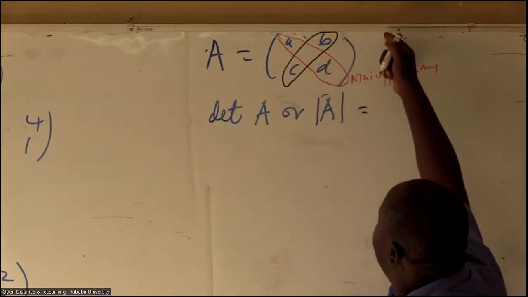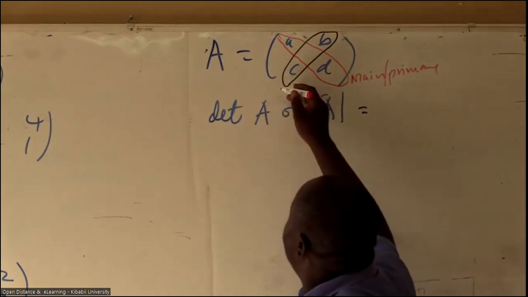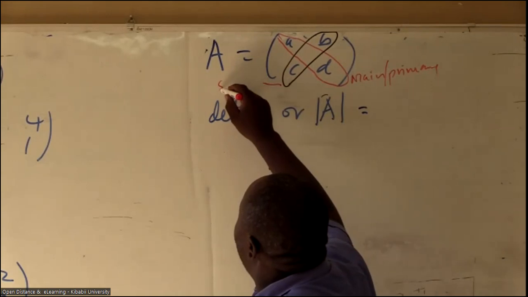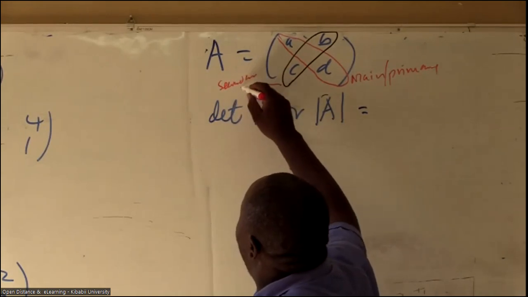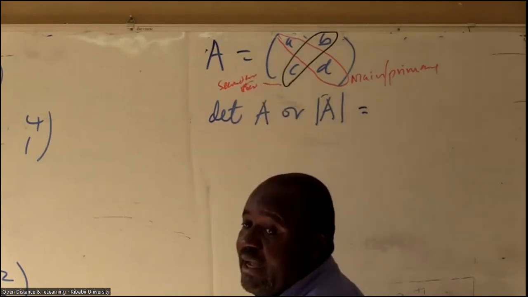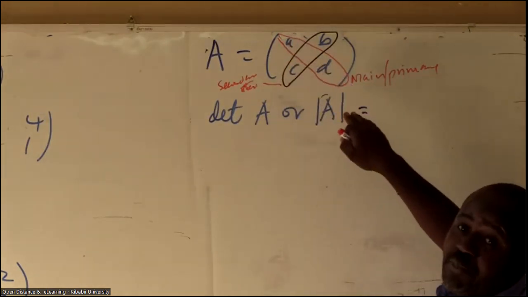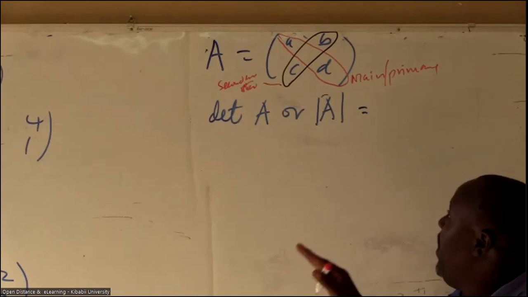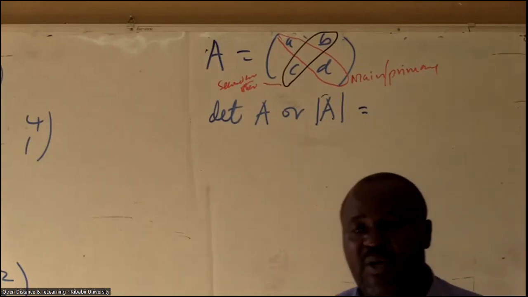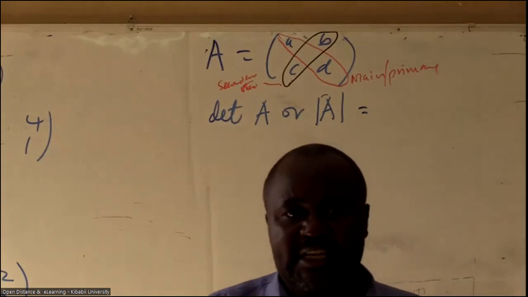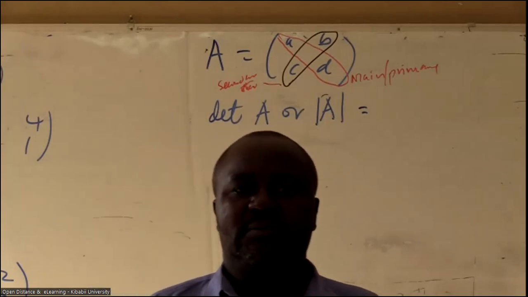And this that runs from top right to bottom left, this is what we are referring to as the secondary, or some books talk of the other diagonal. So when we get the difference in the products of those diagonals, what we get is what we are referring to as a scalar quantity that is the determinant.